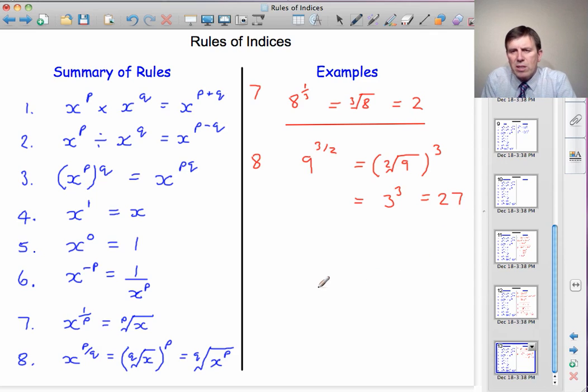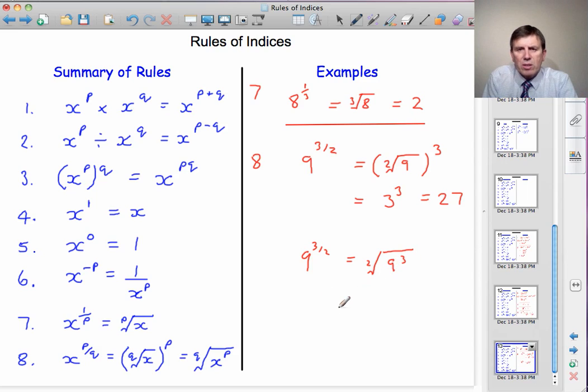Now contrast how easy that was to what it would have been if I'd approached it the other way. If I'd approached it from the point of view of saying 9 to the power 3 over 2 is equal to the square root, bottom gives you the root, of 9 cubed.